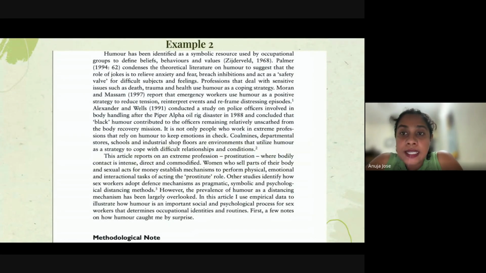Okay, number one. Next person that she's quoting is Moran and Massan, who report that emergency workers use humor as a positive strategy to reduce tension, reinterpret events, and reframe distressing episodes. Third person that she's quoting, Alexander and Wells, conducted a study on police officers involved in body handling after the Piper Alpha oil rig disaster in 1988 and concluded that black humor contributed to the officers remaining relatively unscathed from the body recovery mission.